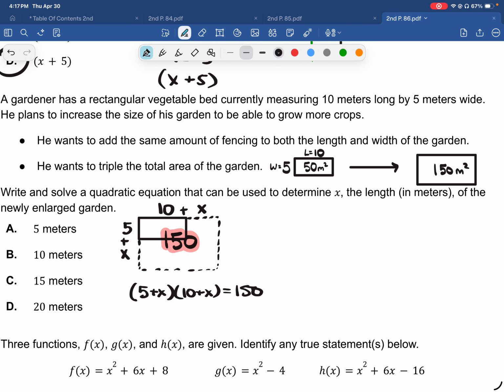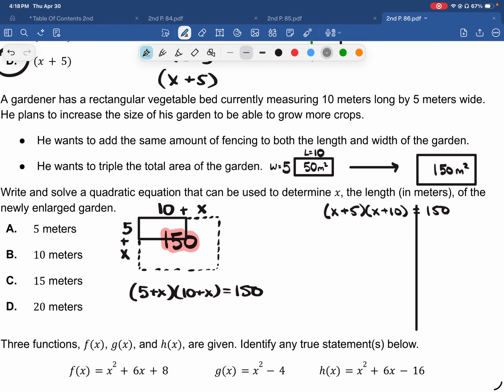To solve this one by hand is a lot of work. First off, I think it's easier if I have the x and the factor switched around. So I'm going to write this as x plus 5 times x plus 10 equals 150. And I'm going to have to double distribute that, set it equal to 0, refactor, and solve.